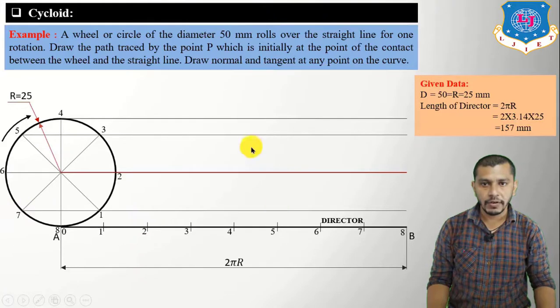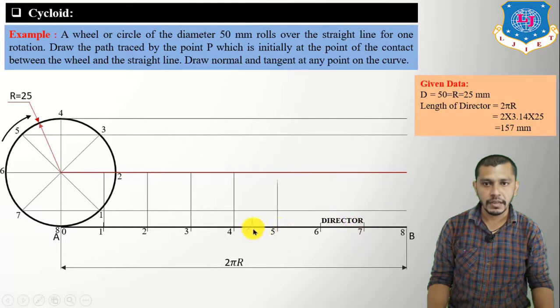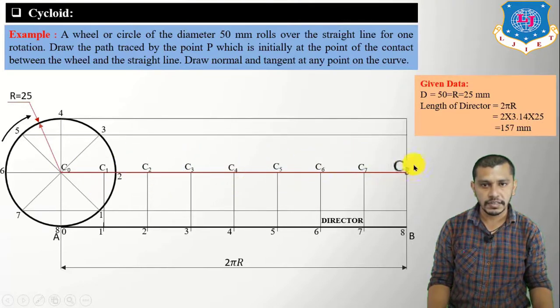Now, from the divisions 1, 2, 3, 4, 5, 6, 7, 8 of the line, draw lines perpendicular to line AB to get the intersection at the center line. So this will be our C0, C1, C2, C3, C4, C5, C6, C7 and C8. These are the centers of the circle.